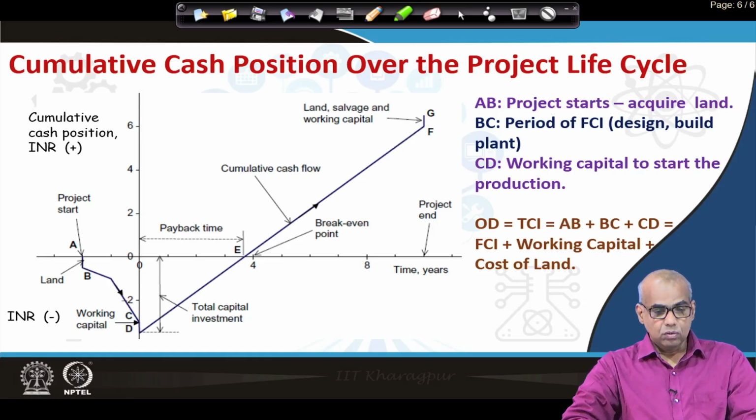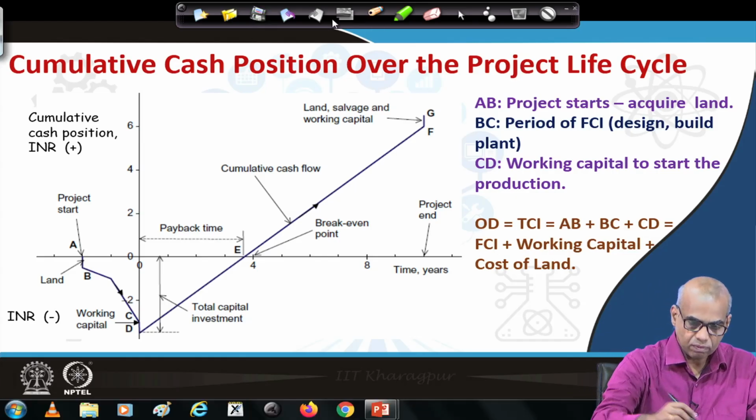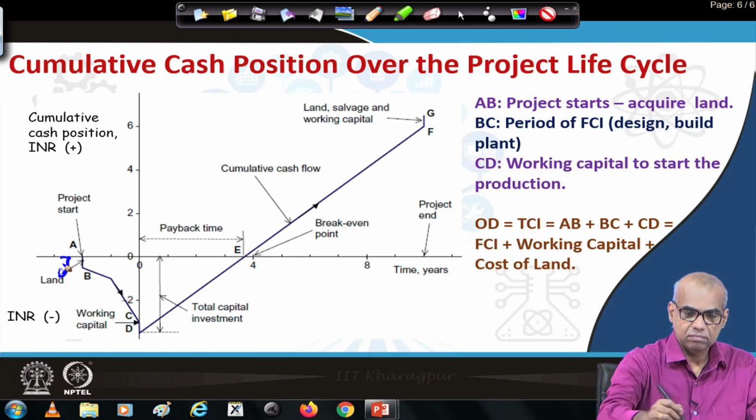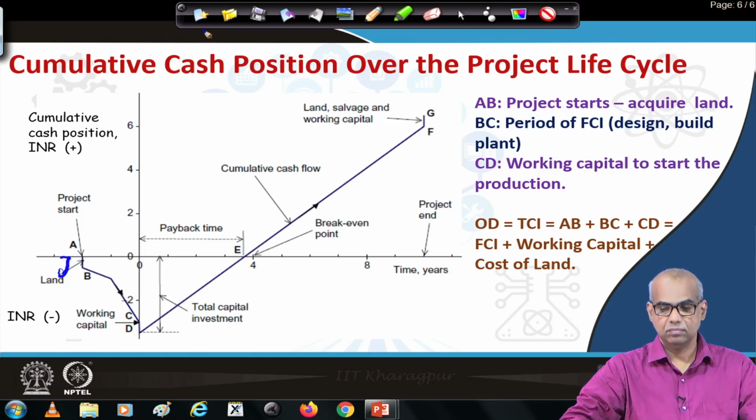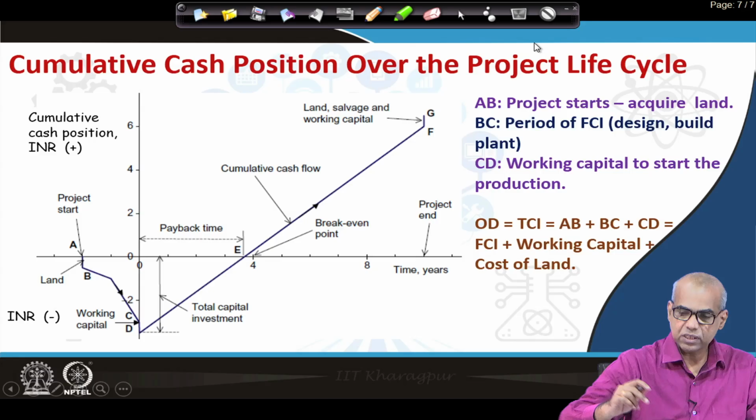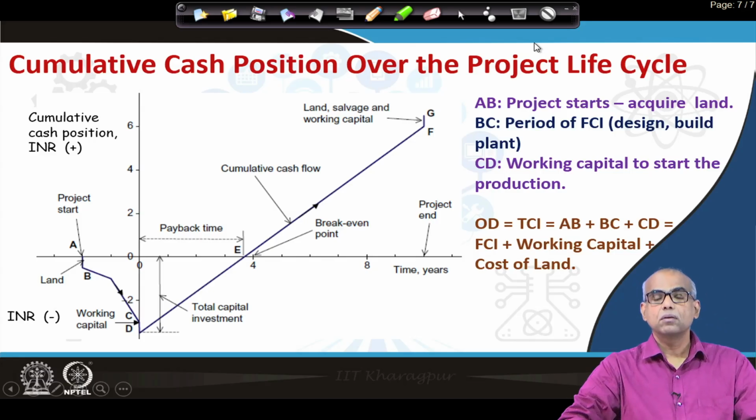So, once again the project starts at point A with the purchase of the land. So, you acquire land for the project and the project starts with the purchase of the land.